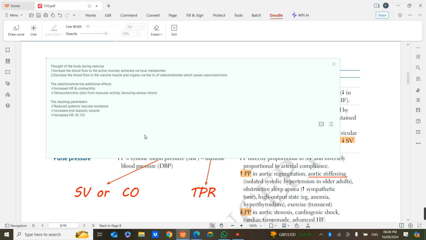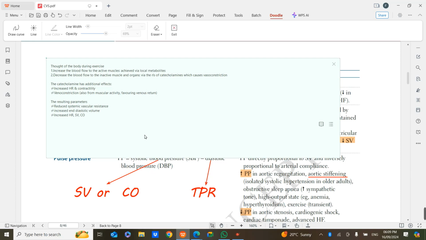Those muscles that are not part of the exercise, and the organs that are not part of the exercise, the body will reduce the blood flow to them. Is that not what you would have done if you were God? The skeletal muscles that are contracting, relaxing, you want to increase blood supply to them so that at least they will eat more food. If you have some muscle that are not actively in the exercise, you will reduce blood flow to them. What are they eating for? So that is the thinking of the body.